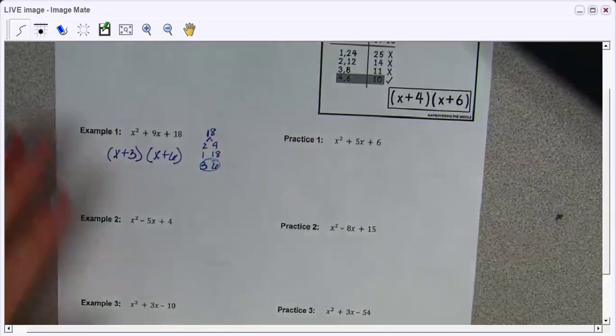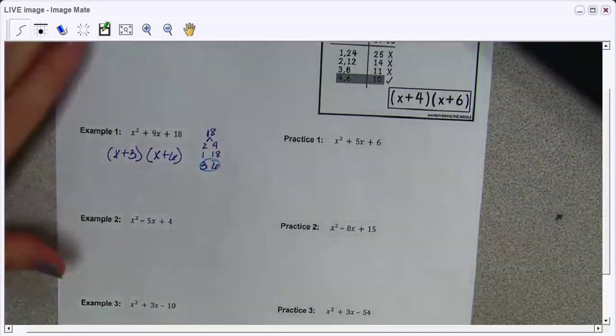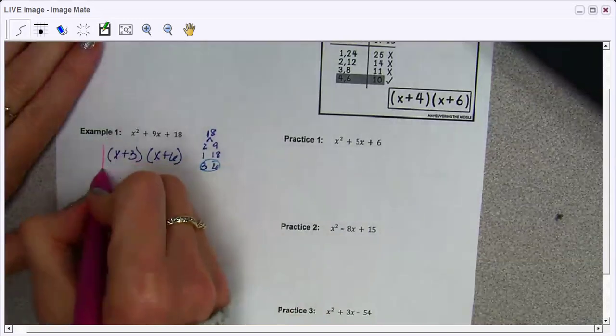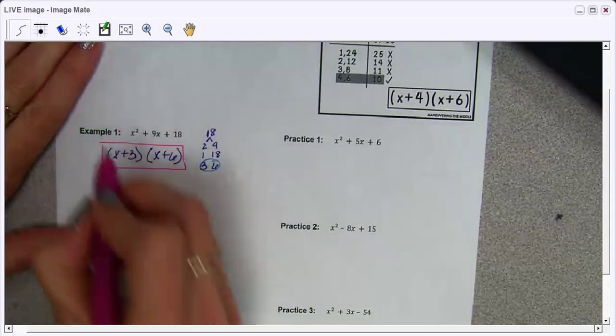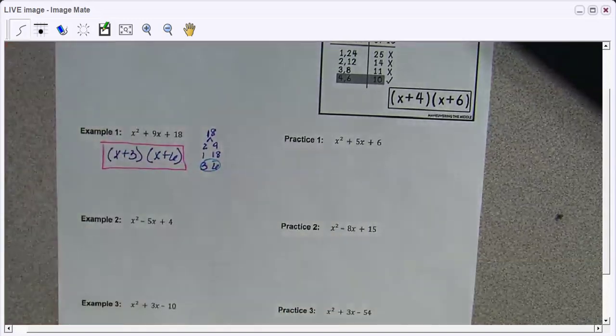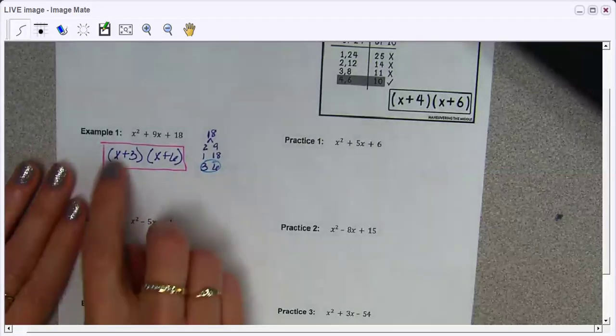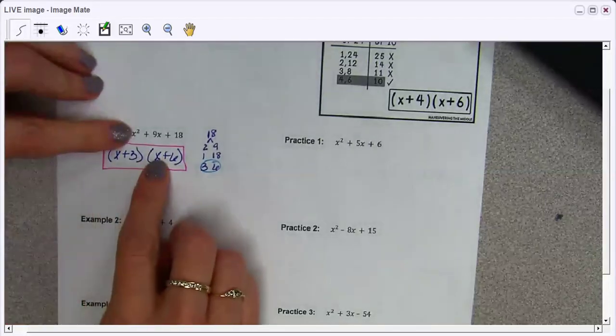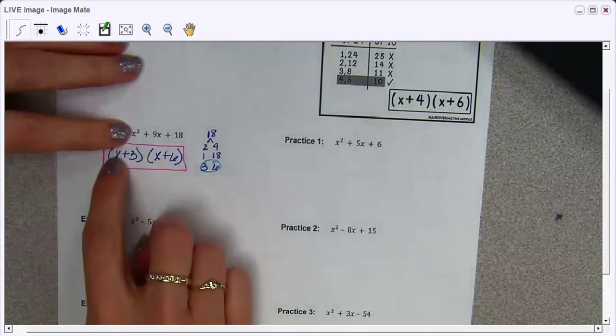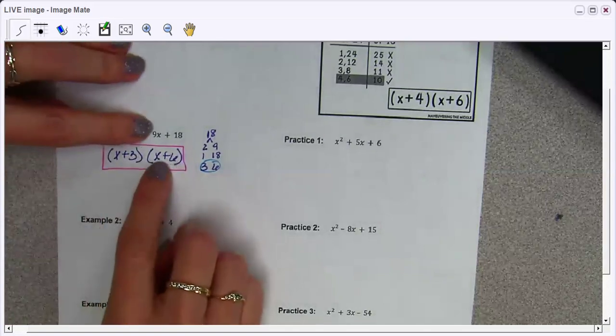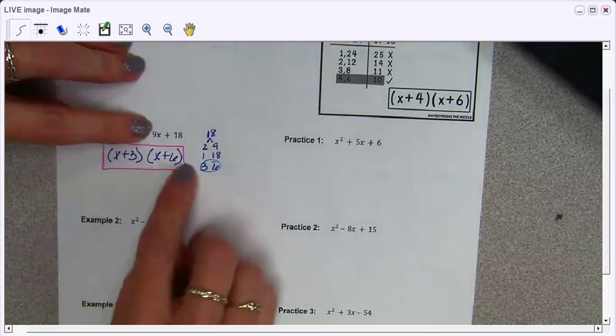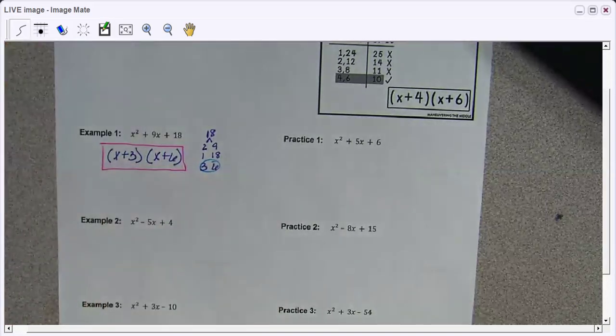Okay. And that is actually your final answer. Now, if you wanted to FOIL it back to see if it is correct, you could do so. So x times x is x squared. And then you have 6x and 3x, which add up to 9x, and then 3 times 6, which is 18. So you can check that mentally.